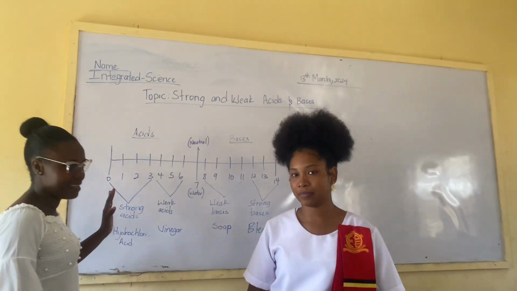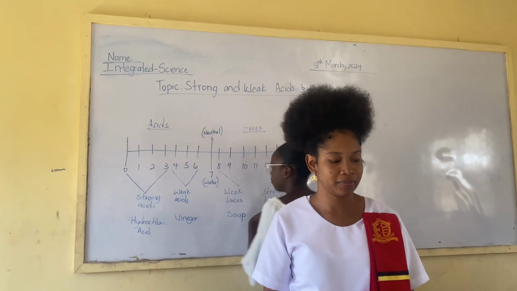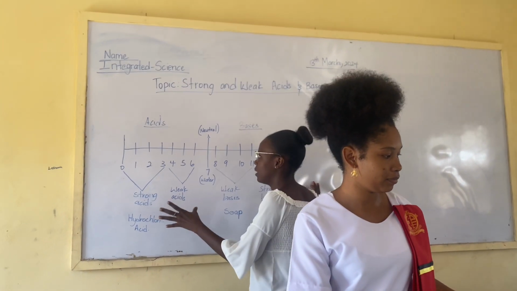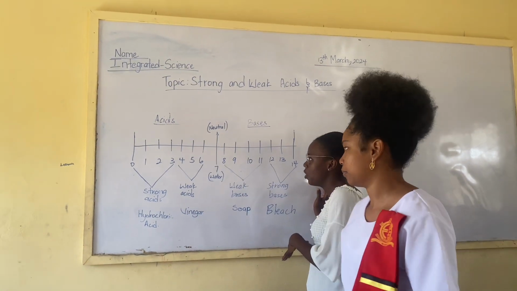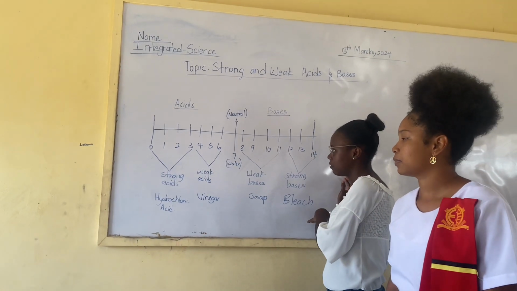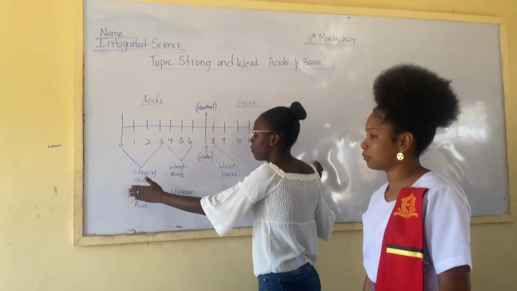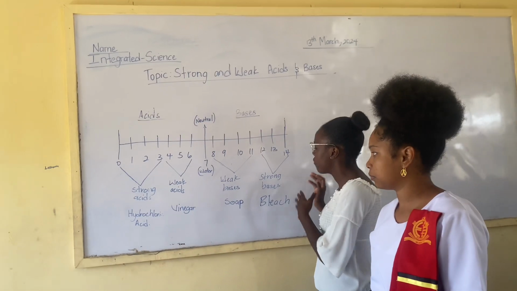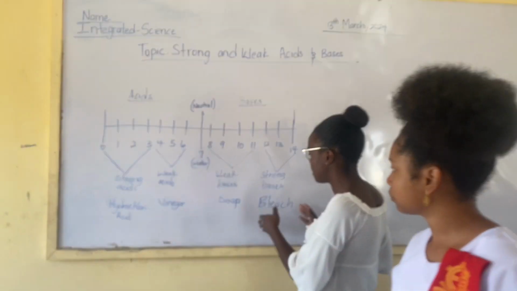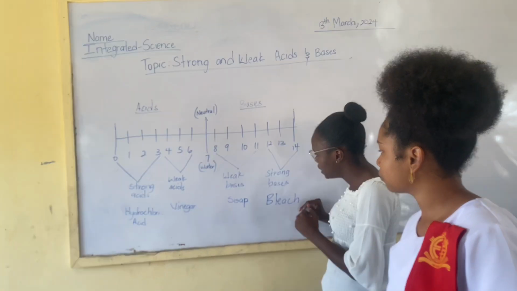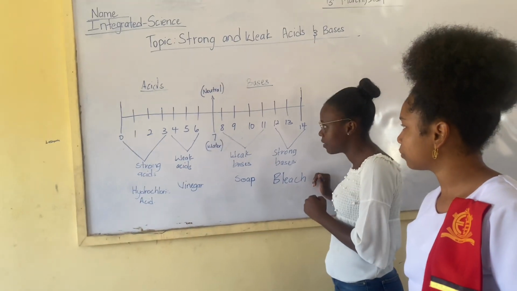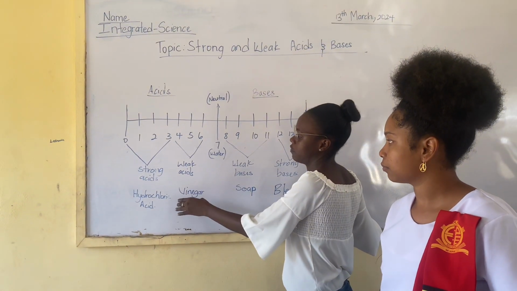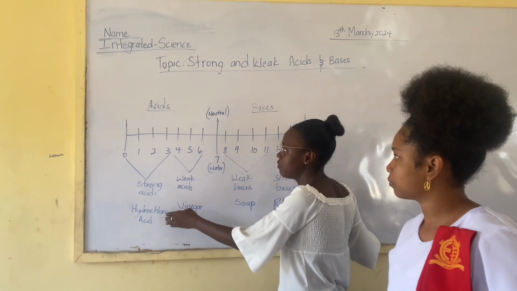Okay, just to add a little to what Mrs. Happy put here on the board. Now, if we want to neutralize acids or bases, for example, bases, we need an acidic substance in order for it to be neutralized. For example, we know that bleach is an example of strong bases. Now, if we want bleach to be neutralized, we use an example of a substance from acids.